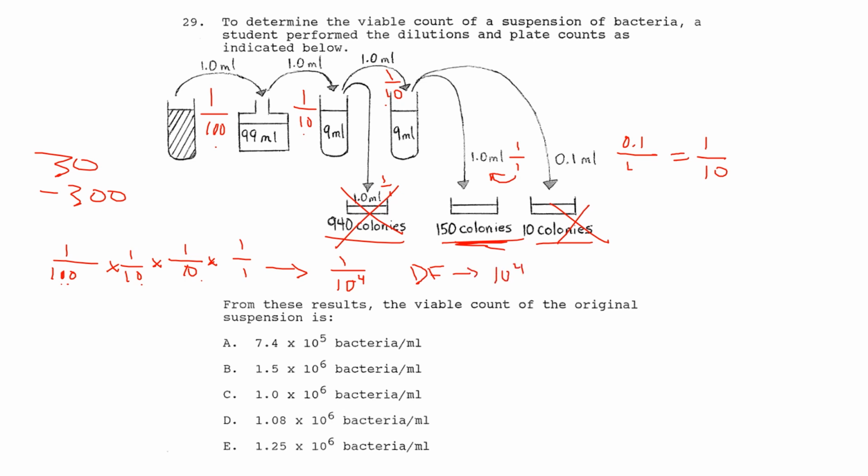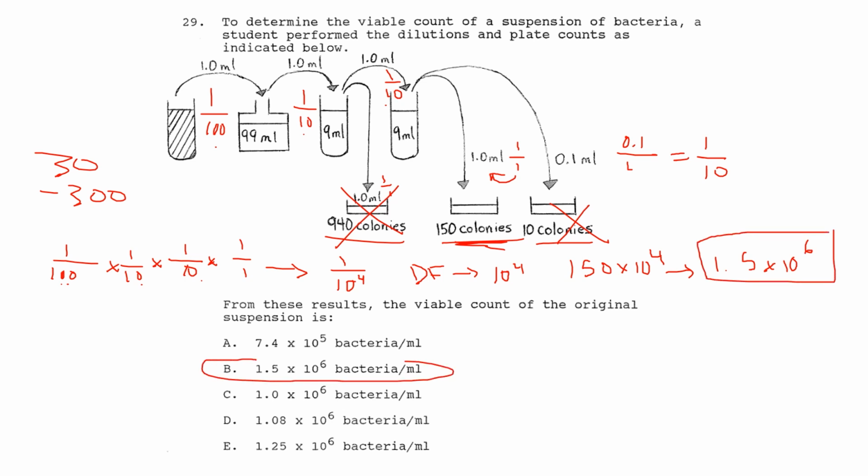Now we multiply our number of colonies times the dilution factor, and we reduce it down, so it's 1.5 times 10 to the 6th. That is B here.